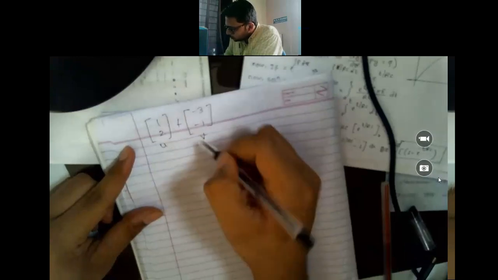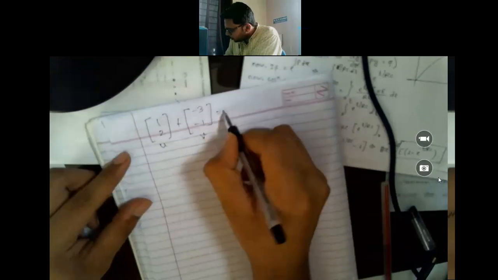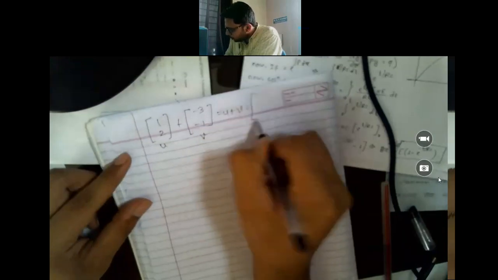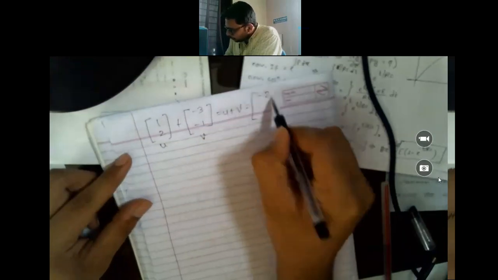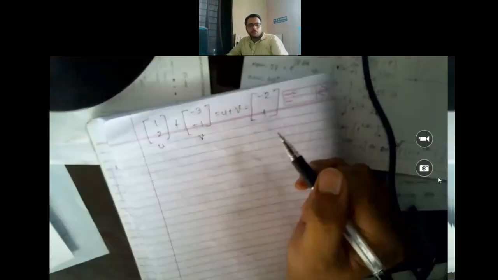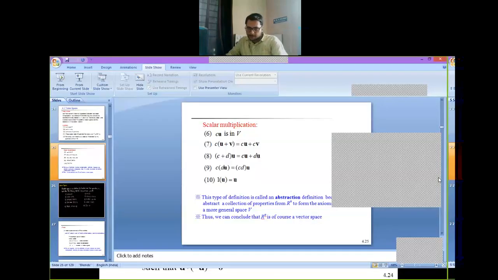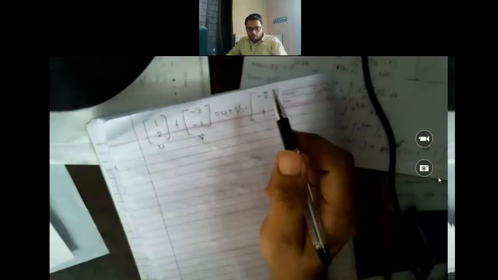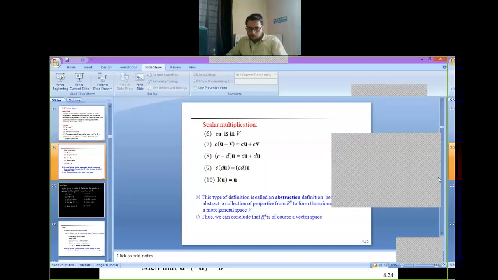So addition u plus v will be given by (-2, 1). And please tell me where (-2, 1) is lying. In which quadrant is (-2, 1) lying? In second quadrant, correct? In second quadrant.